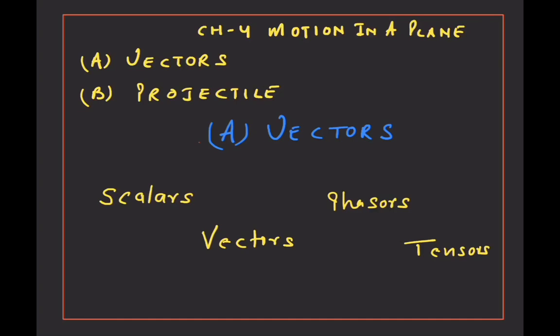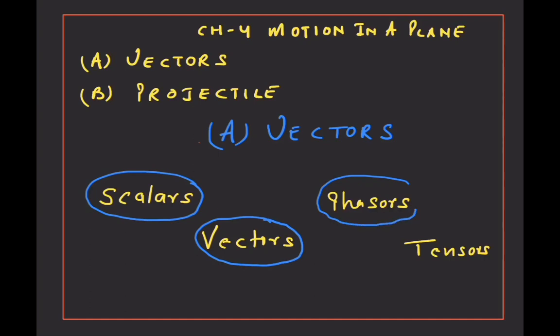We have done scalars and vectors in previous classes, and we will do phasors in class 11th or in class 12th, and tensors are part of higher mathematics in higher classes. So let us divide one by one.